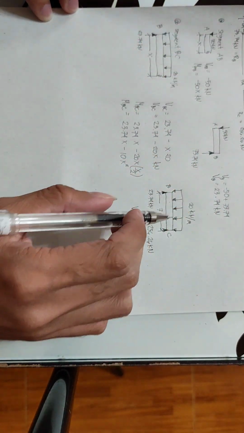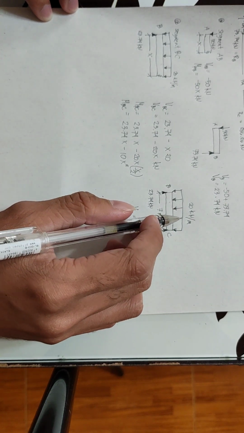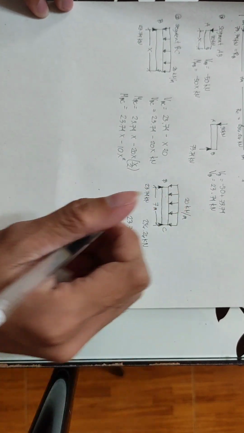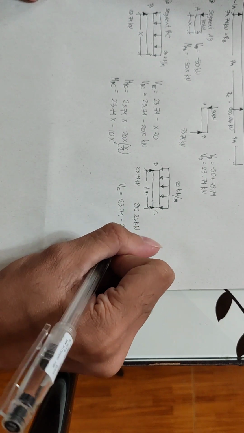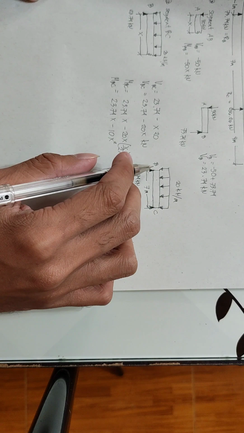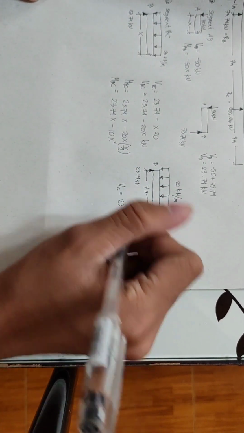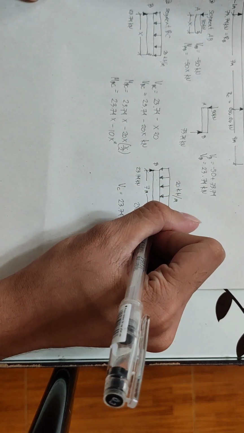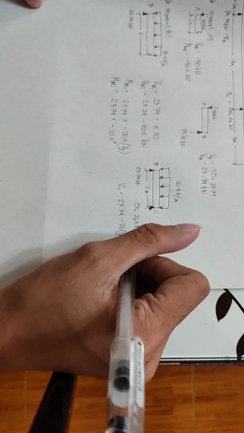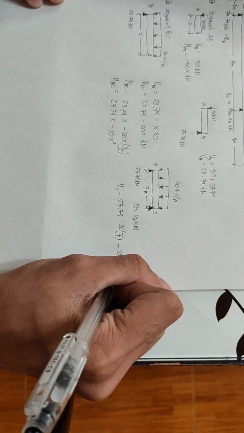To get the force in this uniform load, it's just the area, and since it's downward, it's minus 20, area is height times distance, so 7. And also a reaction force here that goes upward, so plus 256.26.